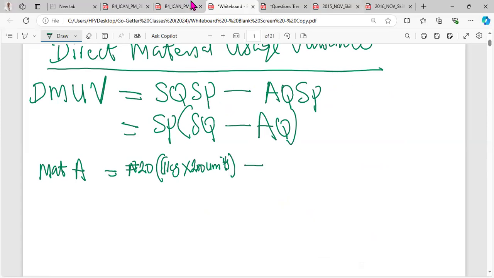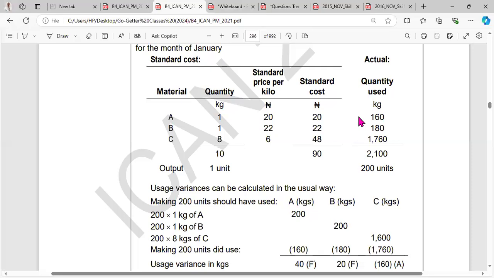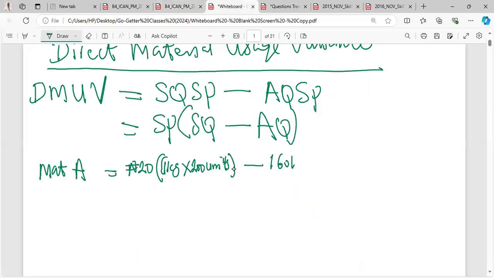The actual quantity here happens to be 160 kilogram. So this can be 20, 1 times 200 gives us 200 minus 160.